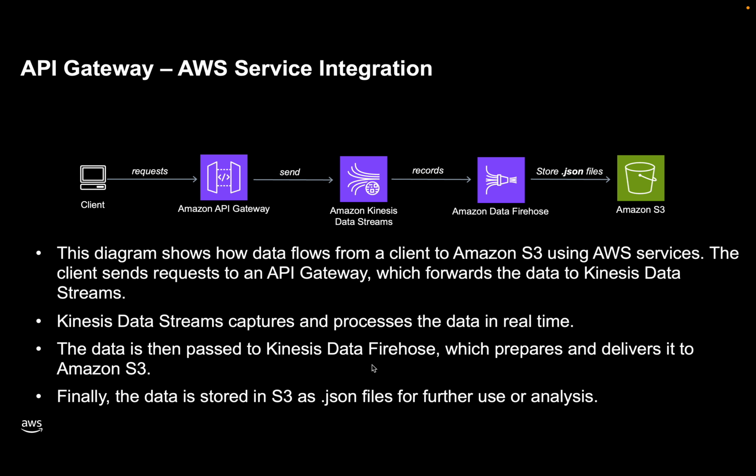Amazon Data Firehose is mainly used to store data in S3, a relational database, or DynamoDB, wherever we want to store data in a physical database. Finally, the JSON files are stored in AWS S3.